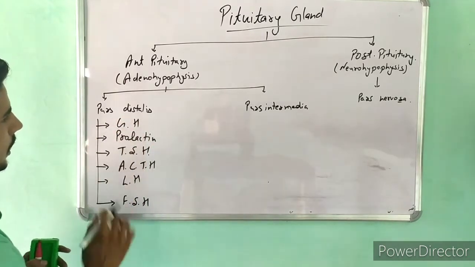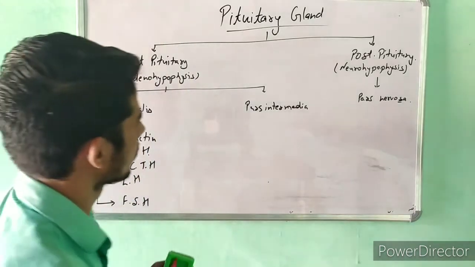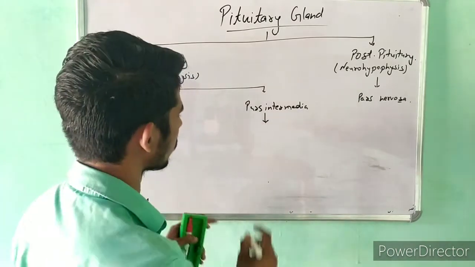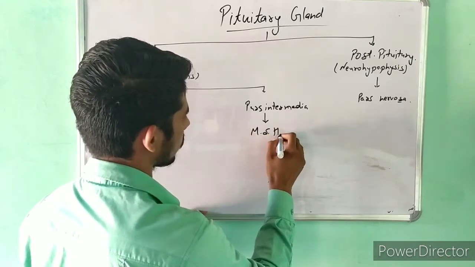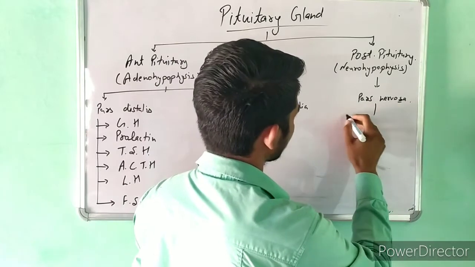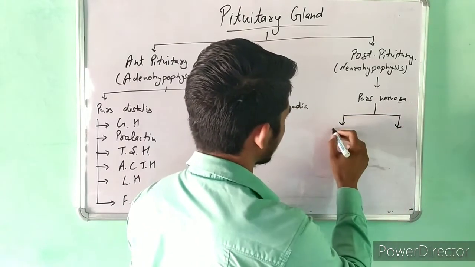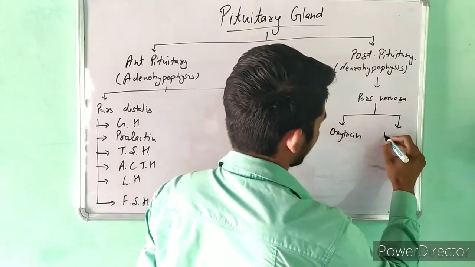These hormones are all secreted by the pars distalis lobe of the pituitary gland, and pars intermedia secretes a single hormone called melanocyte stimulating hormone, and the pars nervosa secretes two hormones called oxytocin and vasopressin.